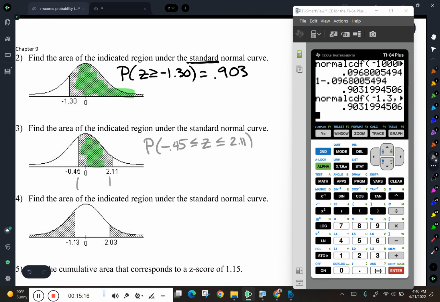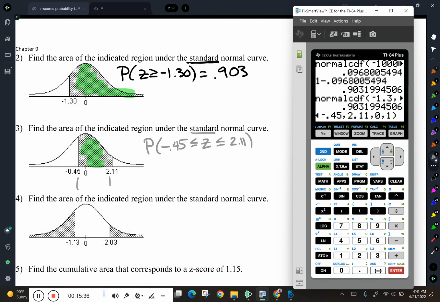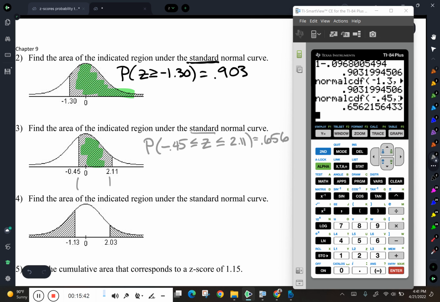I go to my distribution menu, normal CDF, lower limit of negative 0.45, upper limit of 2.11, mean of 0 and standard deviation of 1 because it's still a standard normal curve, and I get 0.656, round wherever they tell me to round it to.